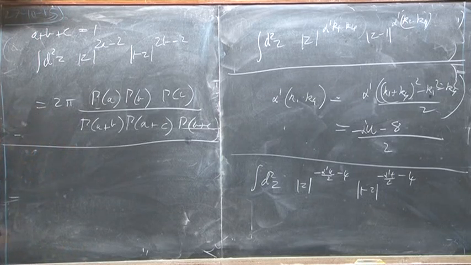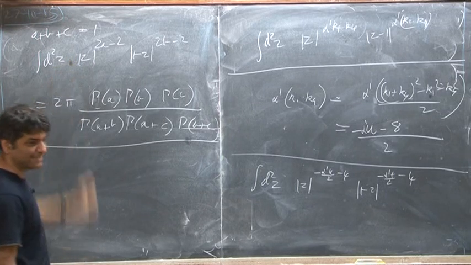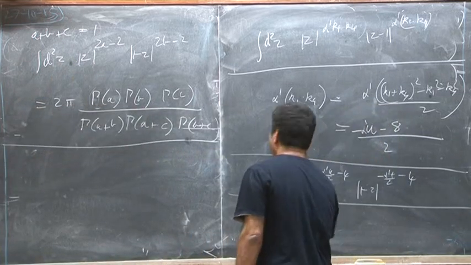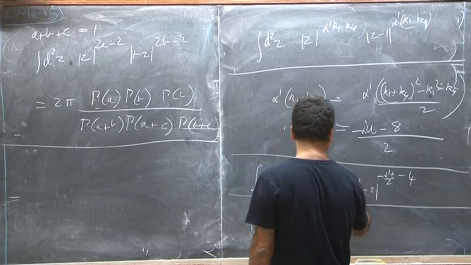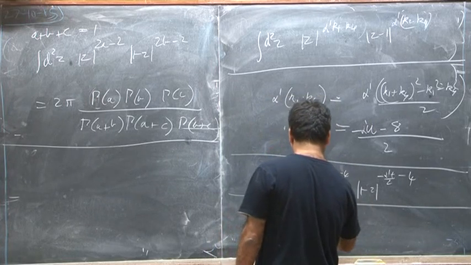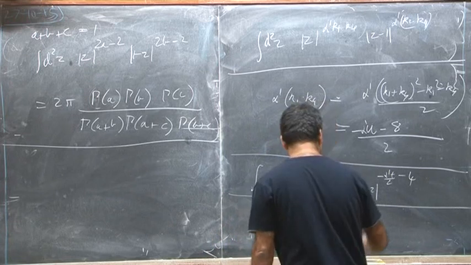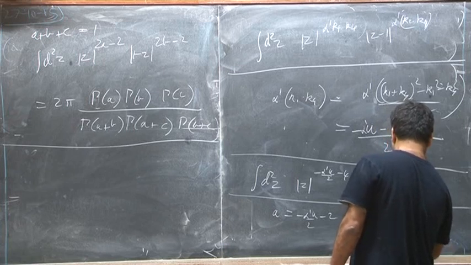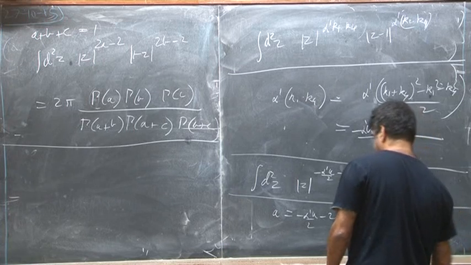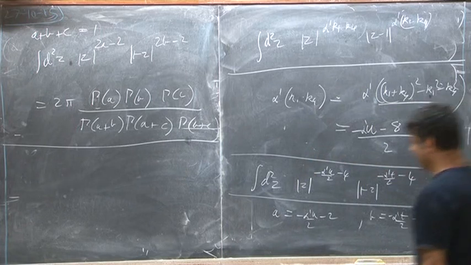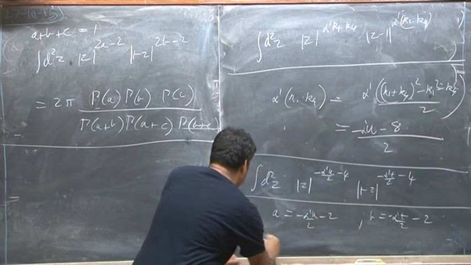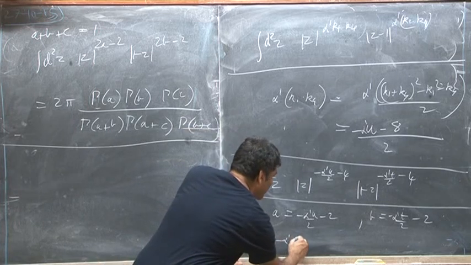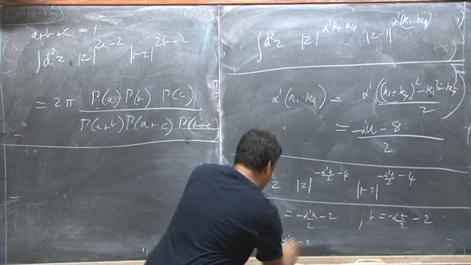So if we're going to use this formula, we need first to find C. So firstly we find A and B. So what's A? We're supposed to take away 2. So A is equal to minus alpha prime u by 2 minus 2. B is equal to minus alpha prime t by 2 minus 2. So C, let's check if C is equal to minus alpha prime s by 2 minus 2 works.